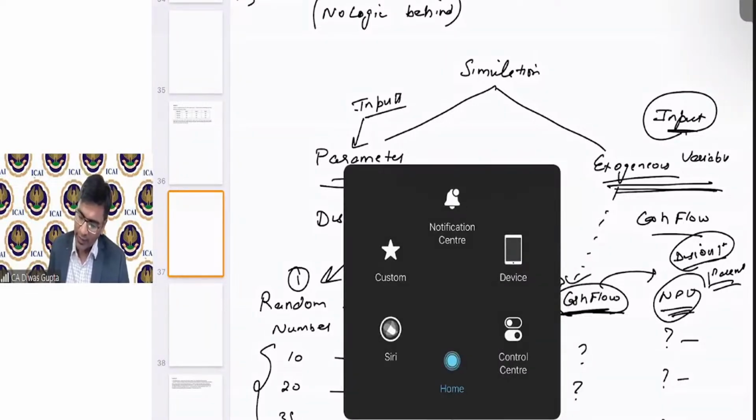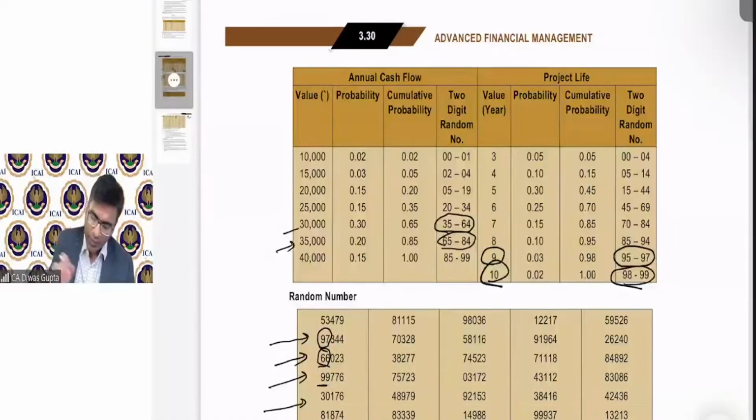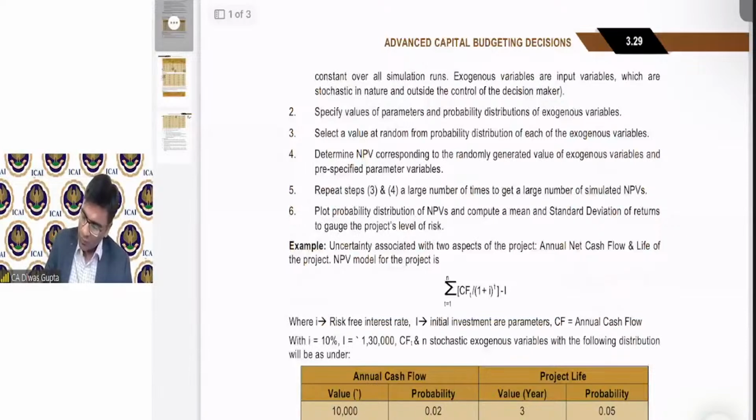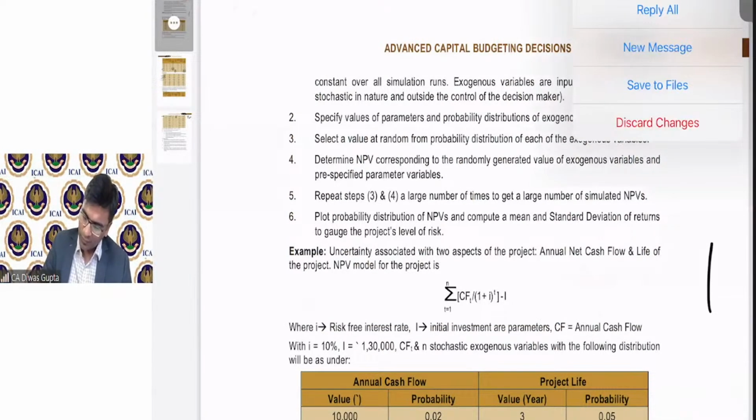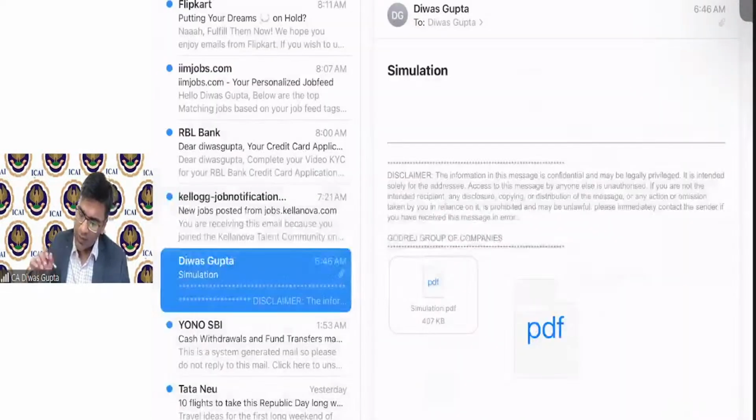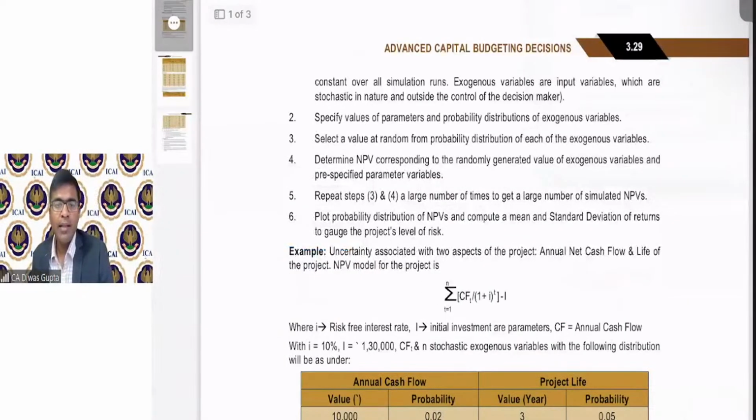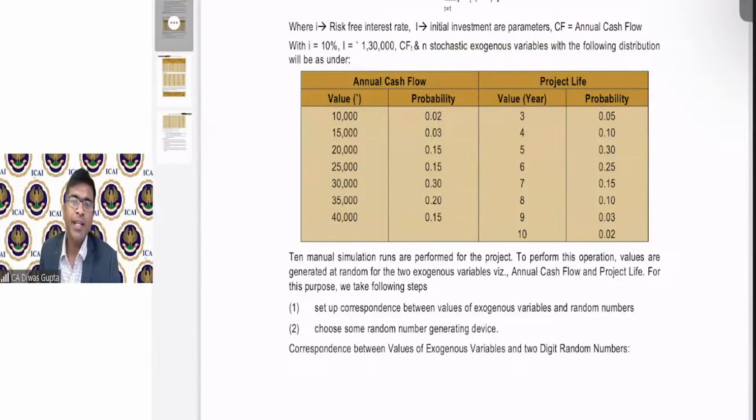Now let me go back to the example. Students, if you see here, we have been given two things: one is annual cash flow and second is project life. So the annual cash flow and project life are exogenous variables for us because here in the example, we feel that these two are bound to change and are dependent on probability.